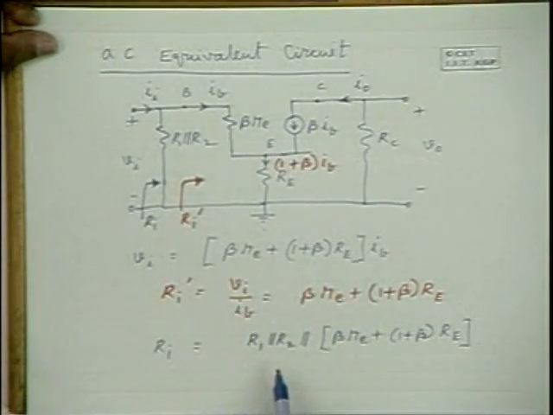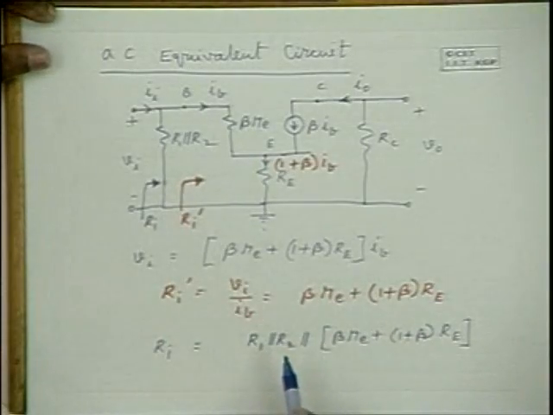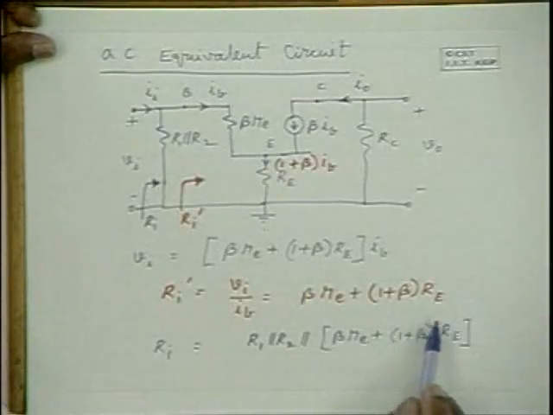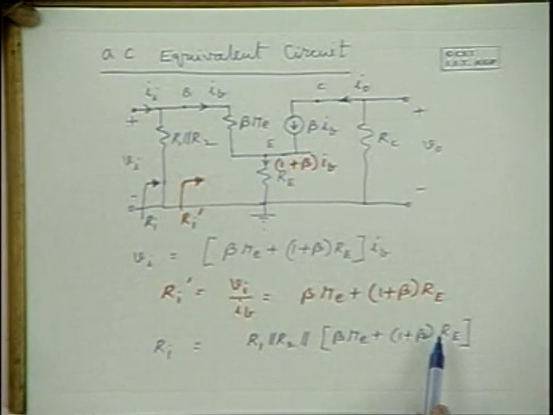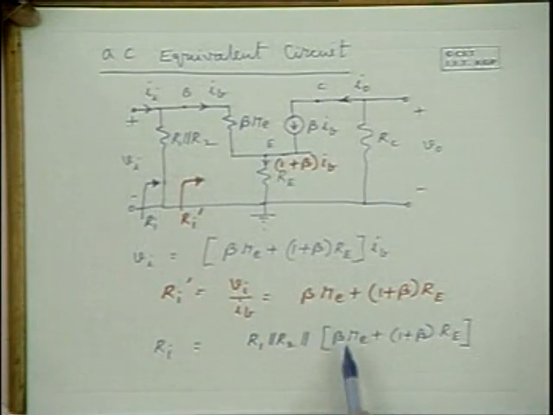Now what's happening to the input impedance by introducing RE relative to the earlier circuit? The input impedance is increasing by 1 plus beta times RE as an additional term coming in series with beta Re.